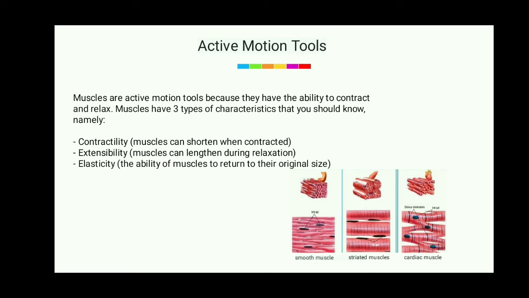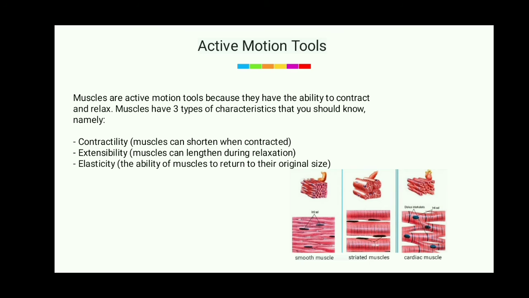Muscles are active motion tools because they have the ability to contract and relax. Muscles have 3 types of characteristics that you should know. Number 1, contractility: muscles can shorten when contracted. Number 2, extensibility: muscles can lengthen during relaxation.